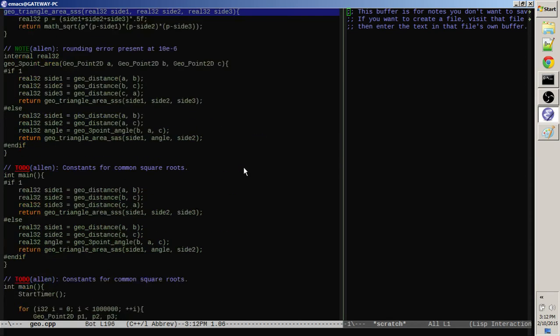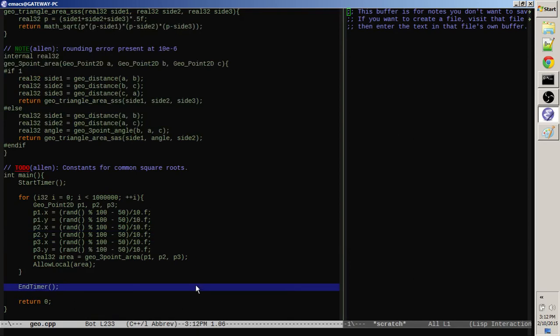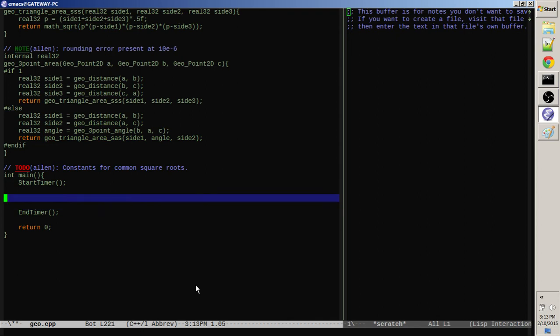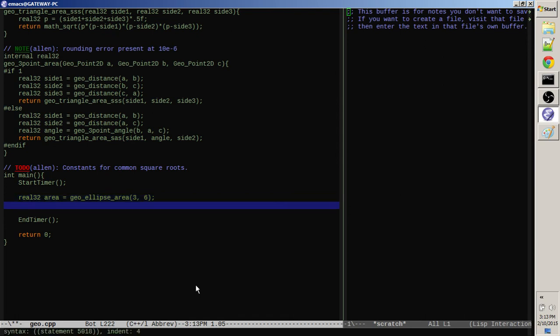So let's mess with this a bit. First we'll test out the easy version. Geo ellipse area, and we'll do an R major and minor. So the minor we're assuming that that's going to be smaller than the major, so we'll do 3 and 6, so it should be twice the size of a circle whose radius is 3, right?